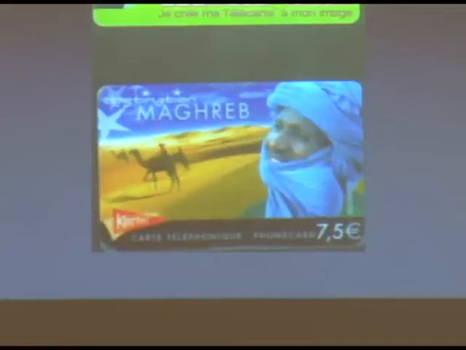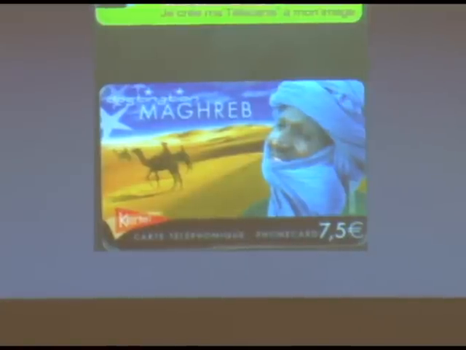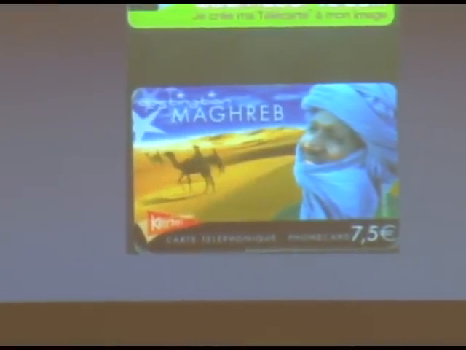It contains access numbers to be used from Paris, from a mobile phone, or from other locations in France, or from a phone booth where calls are more expensive and thus the same money would buy a shorter call. This card represents a Tuareg, head bound in indigo, looking off toward a horizon and with a caravan of camels moving across sand dunes in the background. In short, a fantasy of Africans, made perhaps in their image, but not by them.